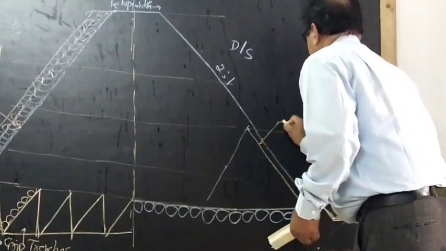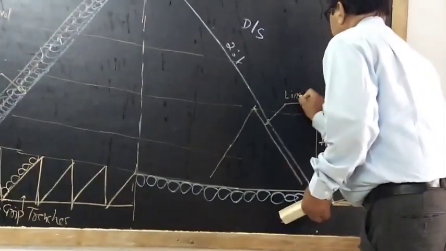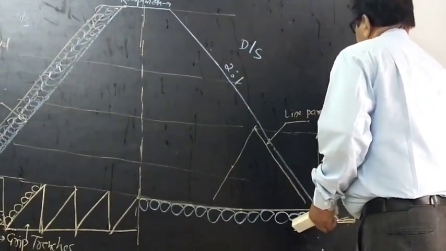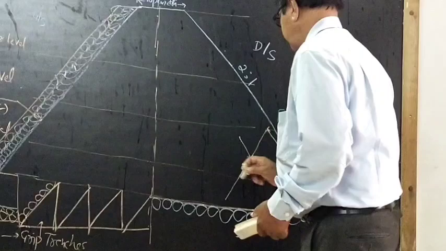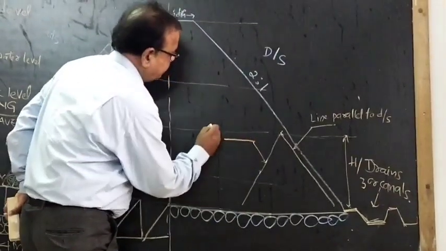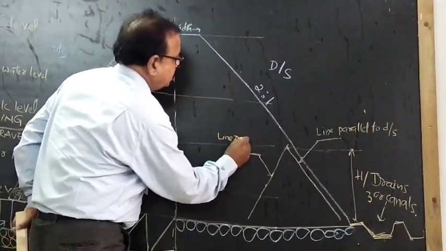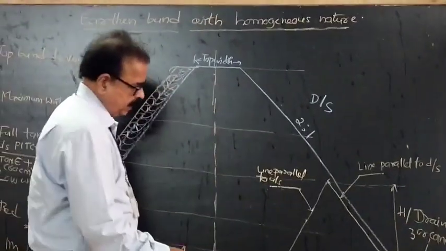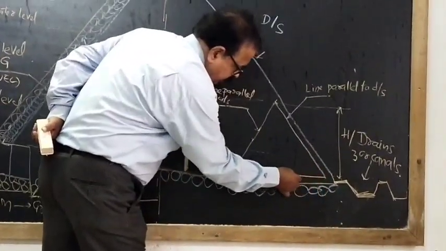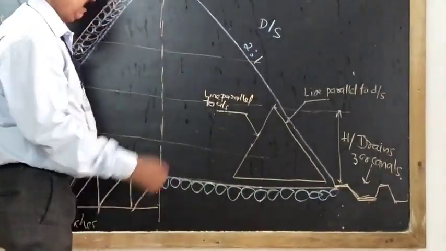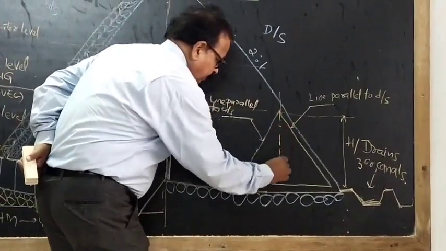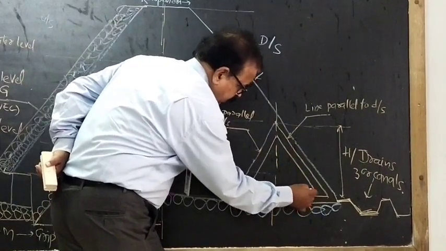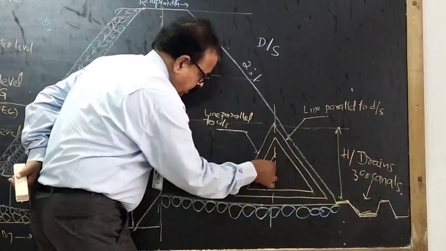So here I will write this as the line parallel to downstream side, and line parallel to upstream side. Everywhere the layers are taken, they are made of 20 centimeter, and this will be cut into 3 layers, same way with the downstream side and upstream side slope, with 20 centimeter gap.